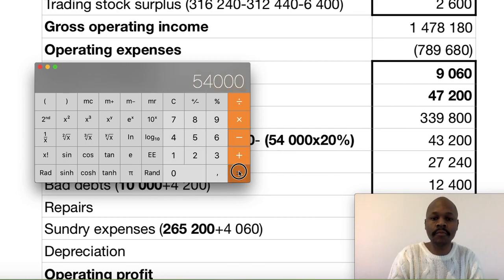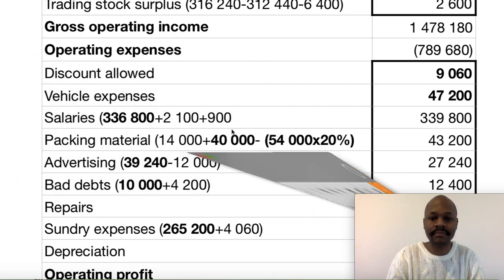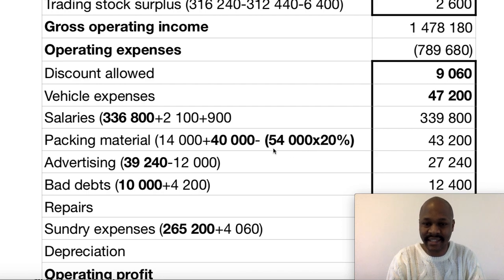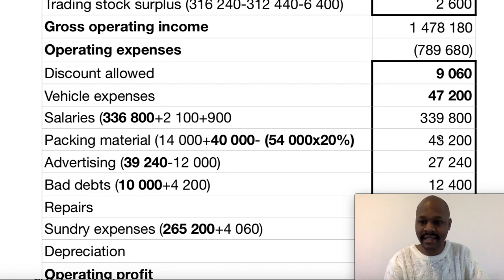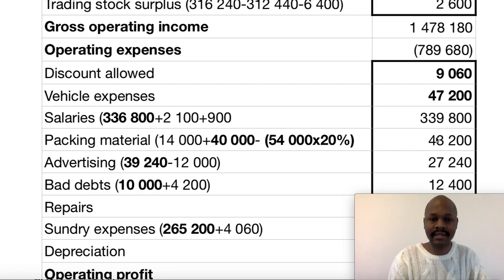It gives you 10,800. That 10,800 you subtract exactly like I did here. You can simply say minus open bracket 54,000 multiplied by 20%, or work it out separately. It will give you the same answer and you'll be given the same amount of marks. So this right here is our final answer.